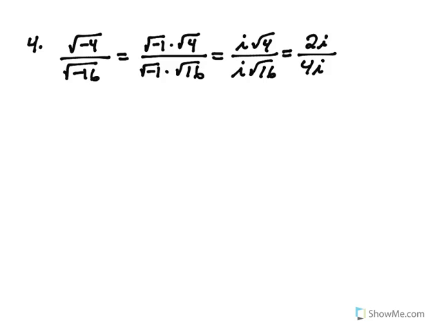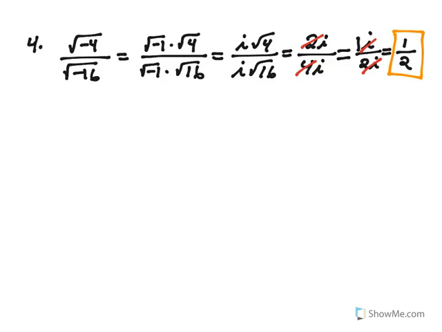And then we can go ahead and cancel some things here. We can reduce the 2 over 4, and that's going to equal i over 2i. And then we can cancel the i's. And then you're just left with 1 over 2. There's an imaginary 1 here, so we can write that. 1/2 would be your answer. Okay?